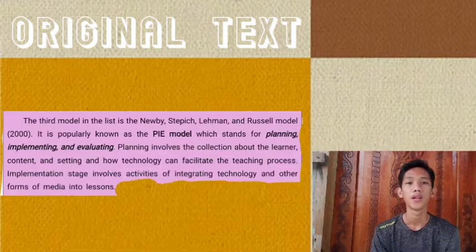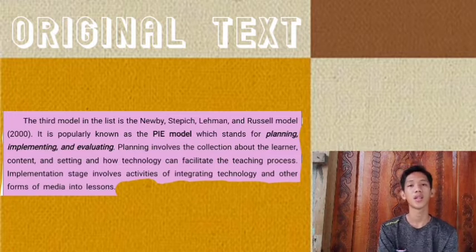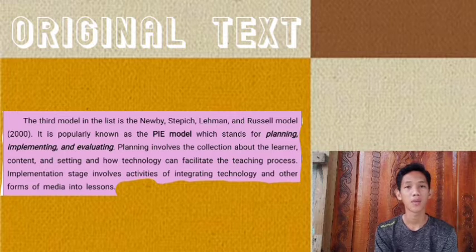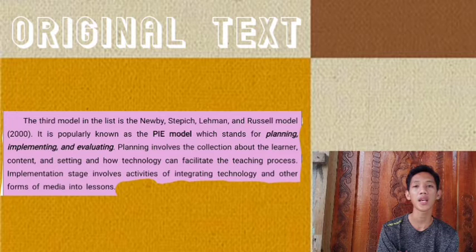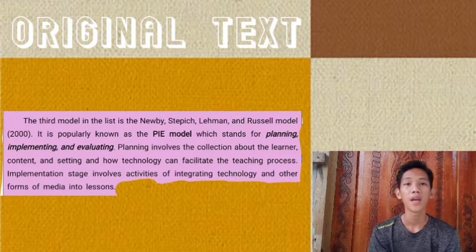The third model in the list is the Newby, Stepich, Lehman, and Russell model, 2000. It is popularly known as the PIE model, which stands for planning, implementing, and evaluating. Planning involves the collection of information about the learner, content, and setting, and how technology can facilitate the teaching process.